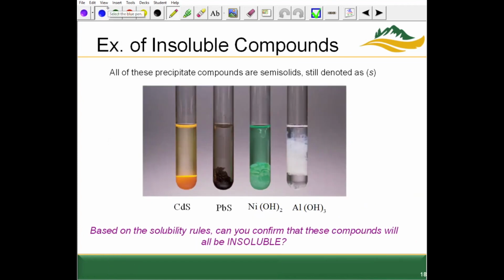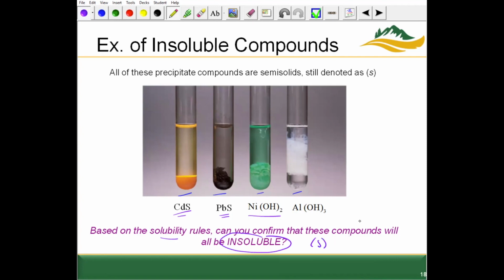Here's another example of these precipitates that can actually be really pretty in solution, as you can see with these different colors. So as a challenge here, based on the solubility rules on the past 2 slides, can you confirm that when these ions come together, they will form an insoluble precipitate?